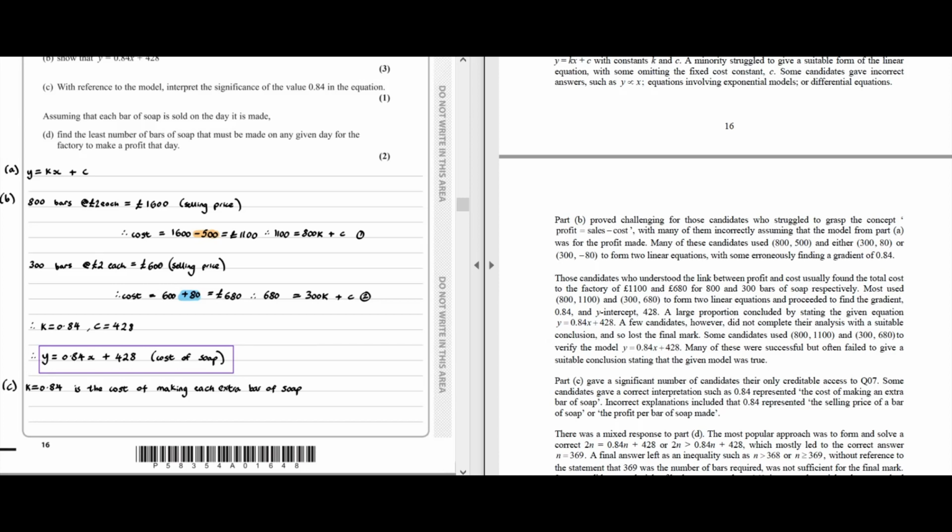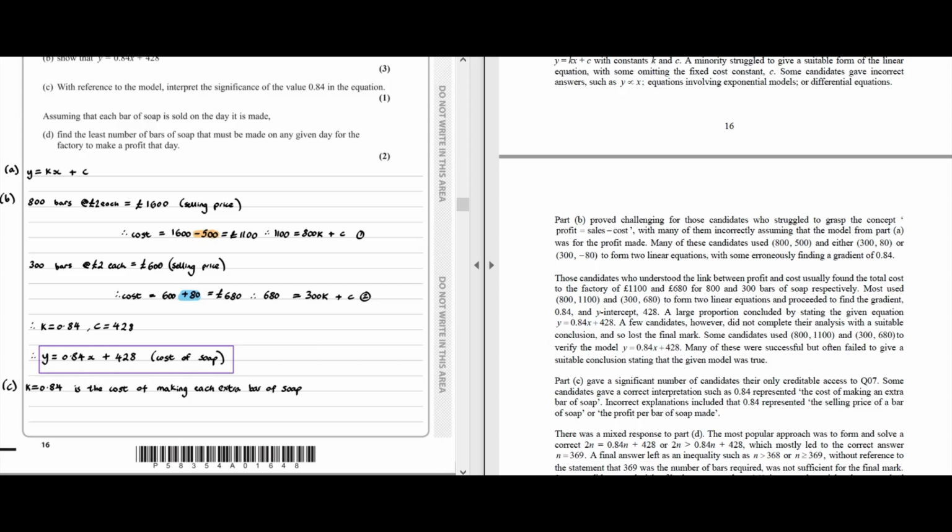Most used 800, 1100 and 300, 680 to form 2 linear equations and then proceeded to find the gradient of 0.84 and a y-intercept of 428. A large proportion concluded by stating the given equation y equals 0.84x plus 428.